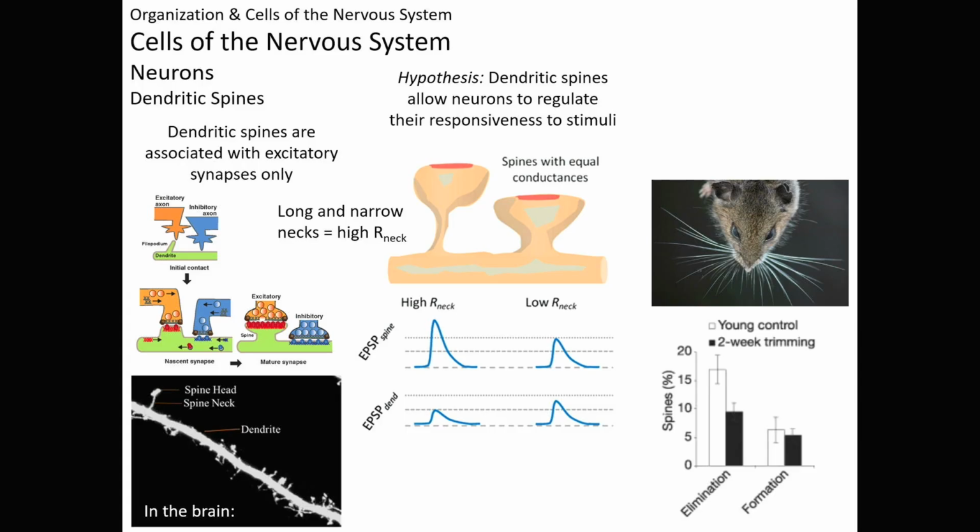And so consistent with this hypothesis, this idea that the more spines you have and or the shorter and wider their necks are, the more ability to load excitation into dendrites you're going to have. Consistent with that, we see that if we reduce the tactile input of these mice whiskers by trimming them, the brain compensates by halving the number of spines that it gets rid of in order to have more spines in those mice whose whiskers are being trimmed.